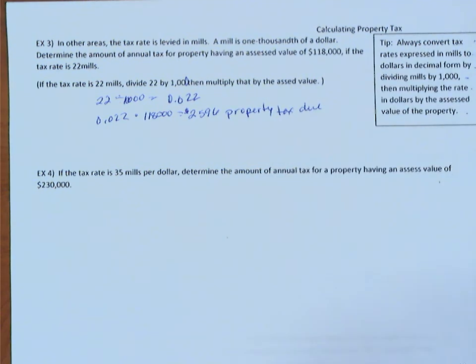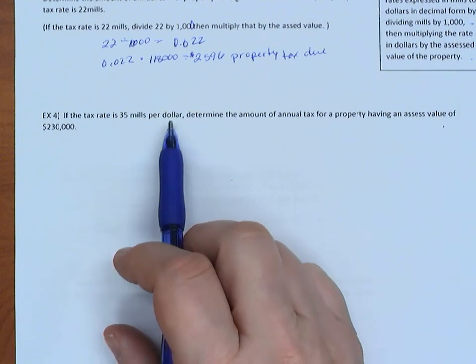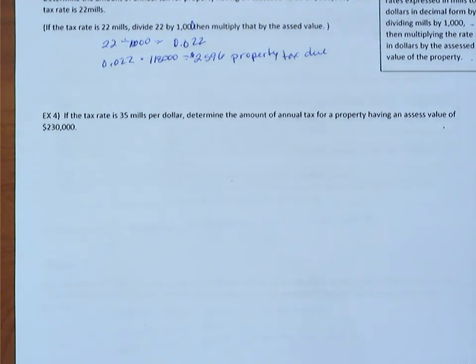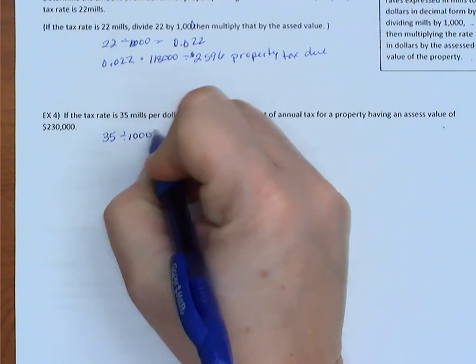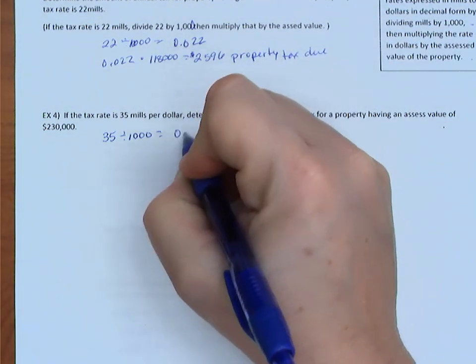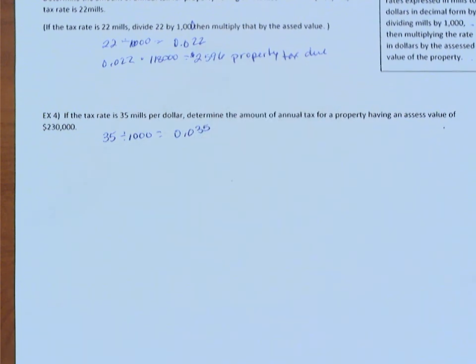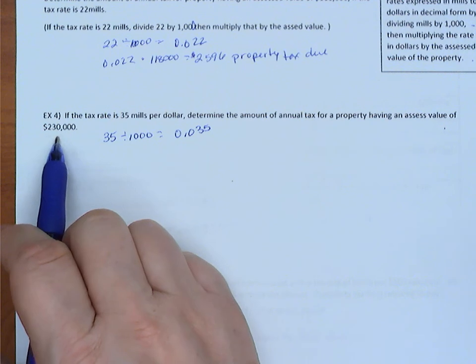So just doing a mill problem one more time. Let's try this one. If the tax rate is 35 mills per dollar, determine the amount of annual tax for a property having an assessed value of $230,000. So the first thing I do is take that 35 and divide it by 1,000, which is going to give me 0.035, and then I multiply that by the $230,000, which is the assessed value.